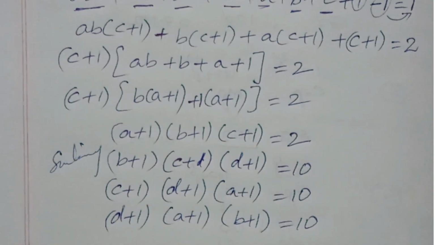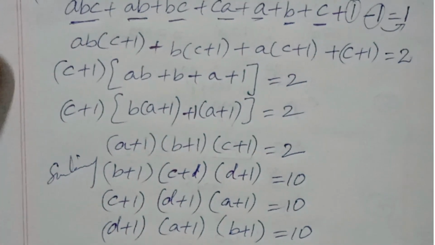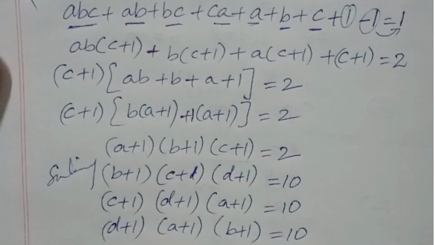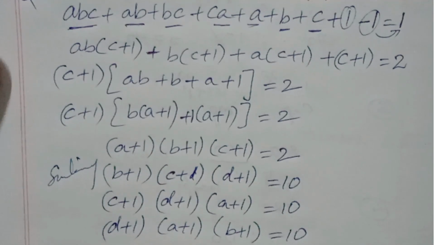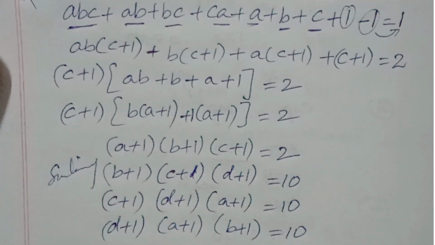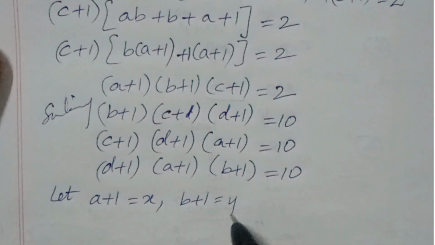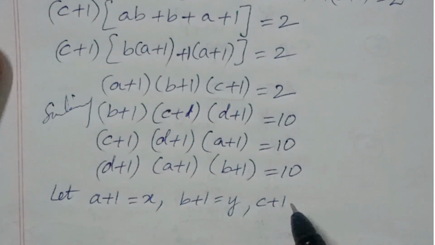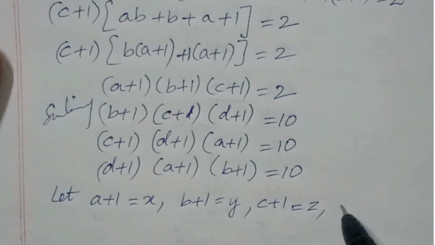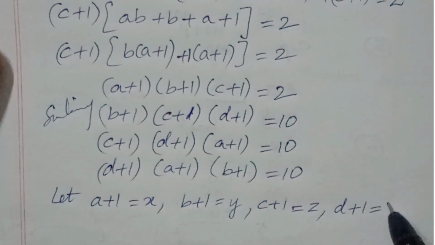After getting this, let us take a + 1 equal to x, b + 1 equal to y, c + 1 equal to z, d + 1 equal to u.